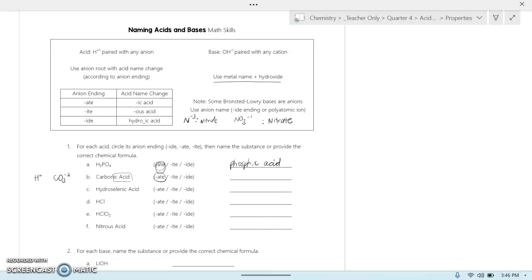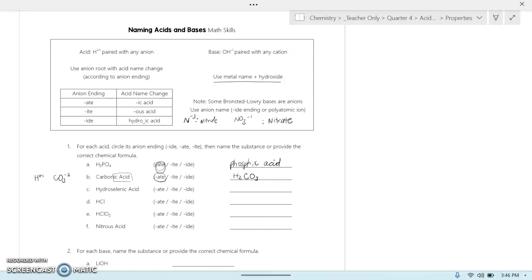And then use those crisscross method skills. This would make it H2CO3 for our carbonic acid. And again, up till this point, we would have probably just called this hydrogen carbonate. But now we are learning the acid rules for naming.